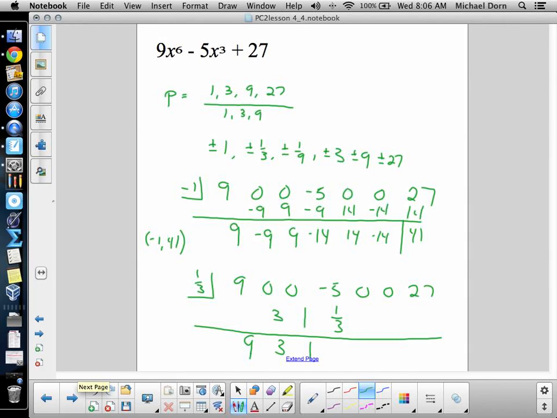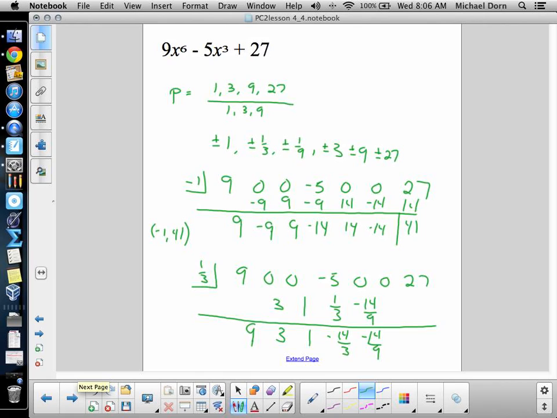Oh, that's not going to be fun. Negative 4 2/3, which would be negative 14/3. So it'd be negative 14/9. I'm sorry, positive. I'm multiplying by positive.